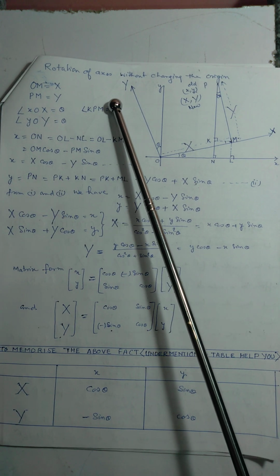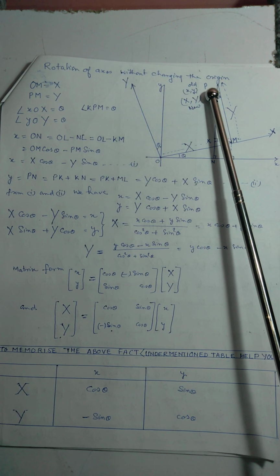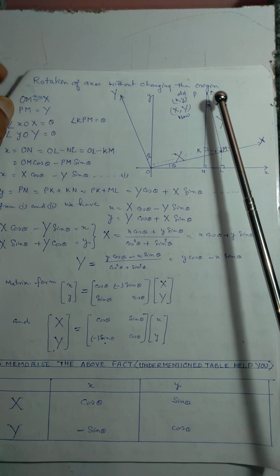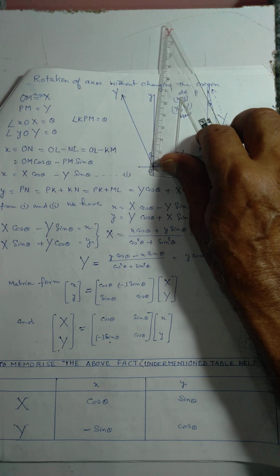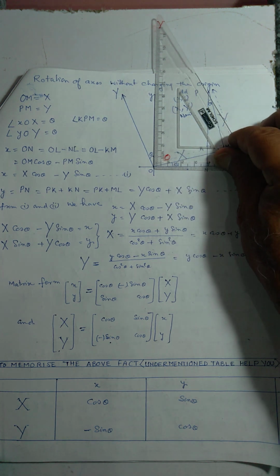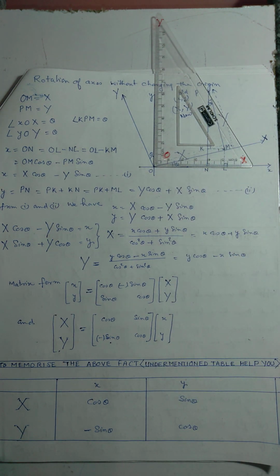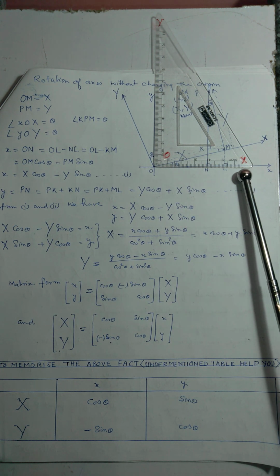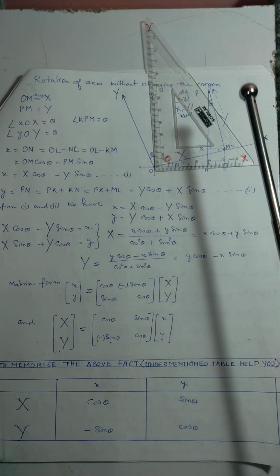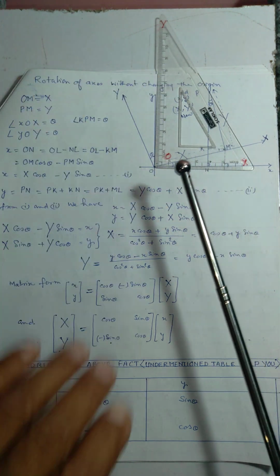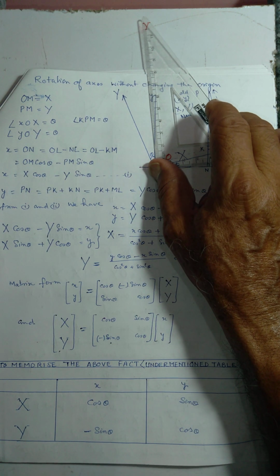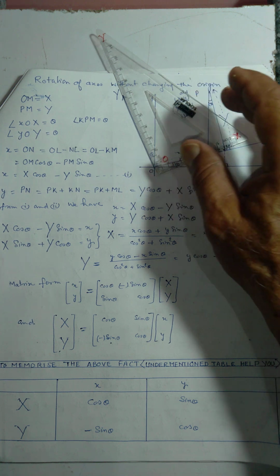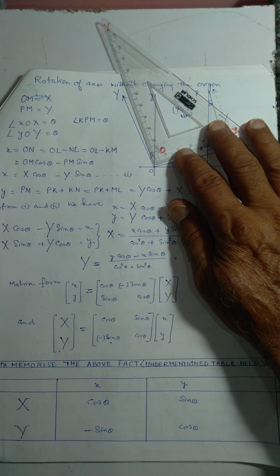Now, rotation of axis without changing the origin. You see, the origin is the same, but the axis has been rotated. I have placed it like this, OX and OY. Now the x-axis and y-axis have shifted like this, by theta degree.